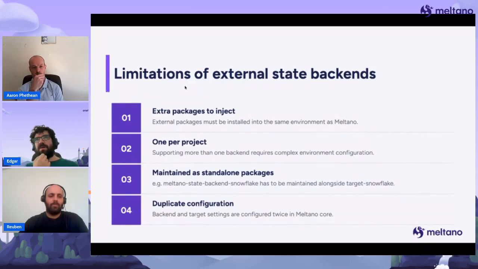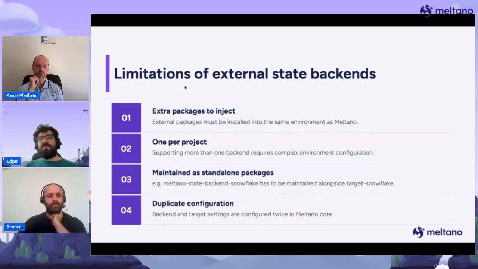Maybe, but if you leave your dependency ranges open, you could have a situation where one of the dependencies updates and it breaks either Meltano or the state backend or the interaction between them. So it's just another thing to worry about, I suppose, is what I was getting at. Yeah, for sure.